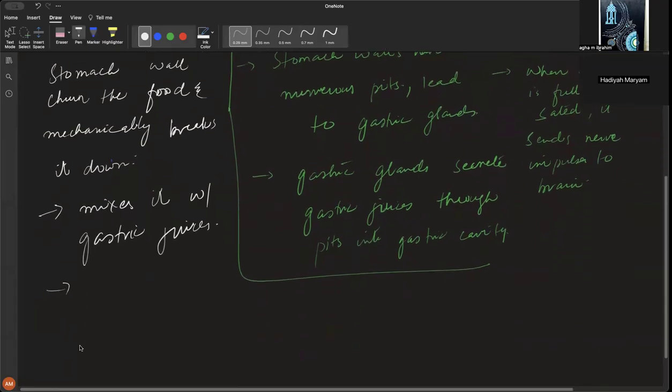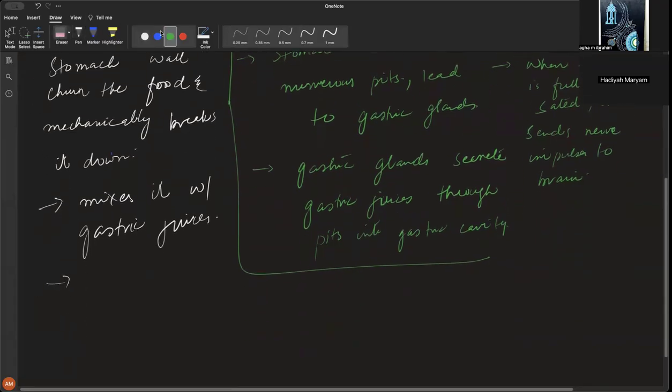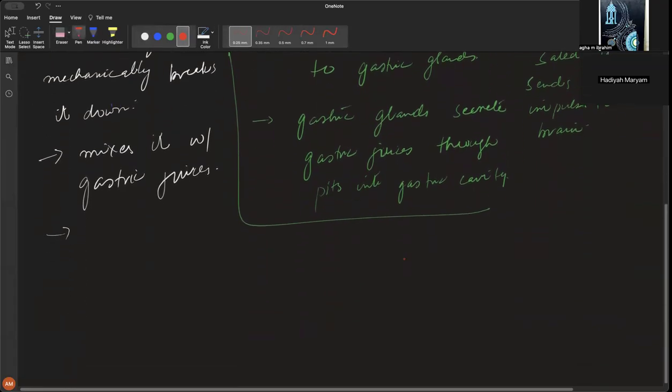So, what is a gastric juice? It is a juice that is produced by the stomach and it is an acidic juice. Very good. So, it consists of what? Dilute hydrochloric acid.